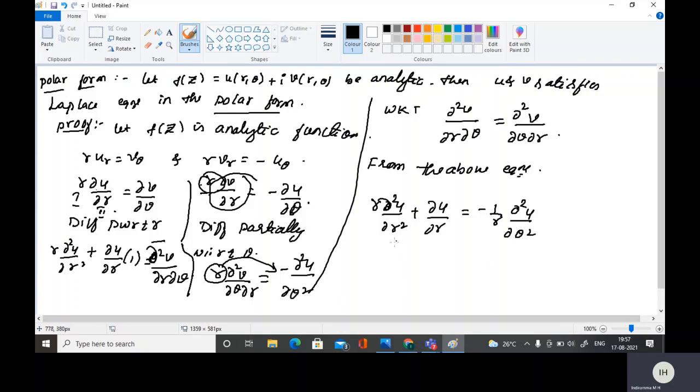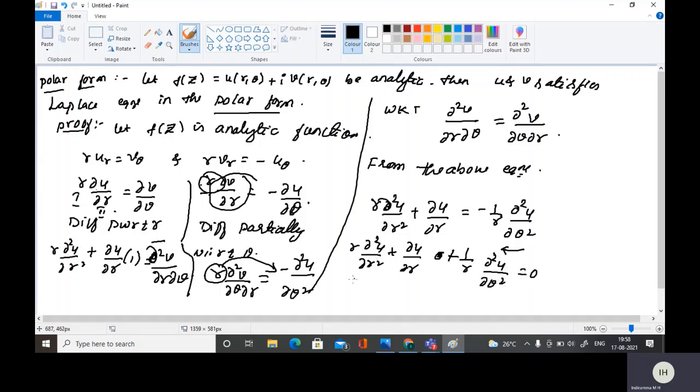So now take this to the LHS: R into ∂²U/∂R² plus ∂U/∂R is equal to minus 1 by R into ∂²U/∂θ², so you take this to the LHS, it becomes plus 1 by R into ∂²U/∂θ², which is equal to 0.